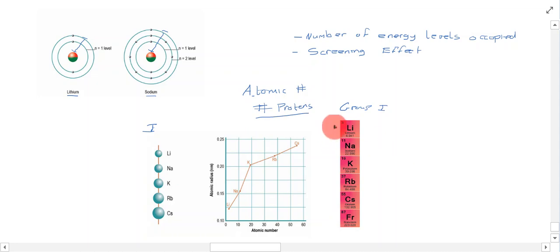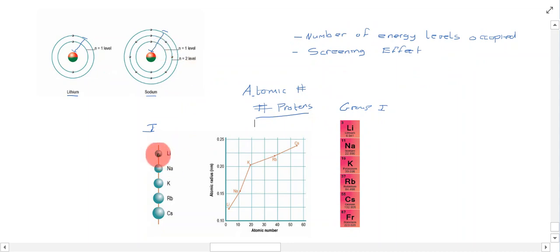As you move down the group, we get more and more protons within the nucleus, and as a result we have more and more electrons as well. So as the atomic number increases moving down a group, the atomic radius increases. Also, the number of energy levels occupied by electrons increases, and this is what causes the radius to increase.